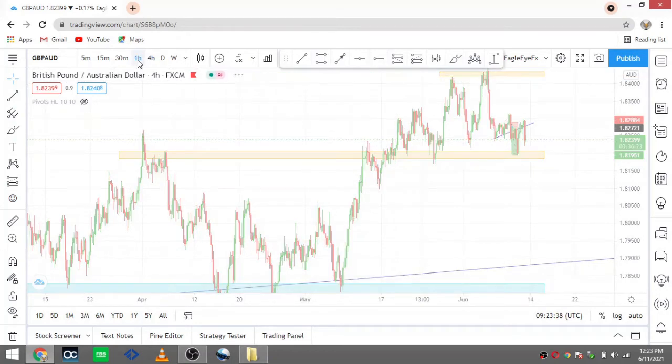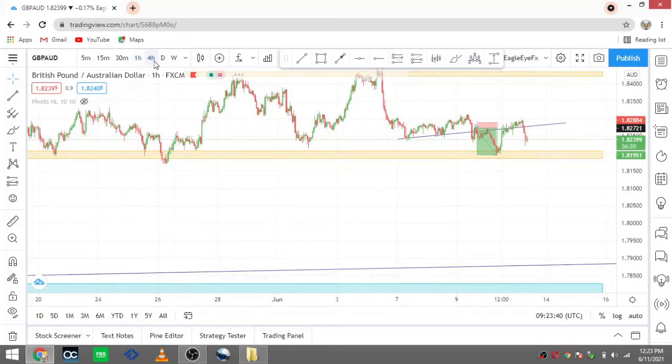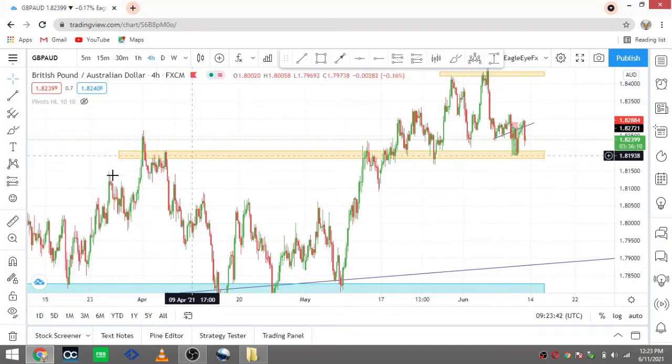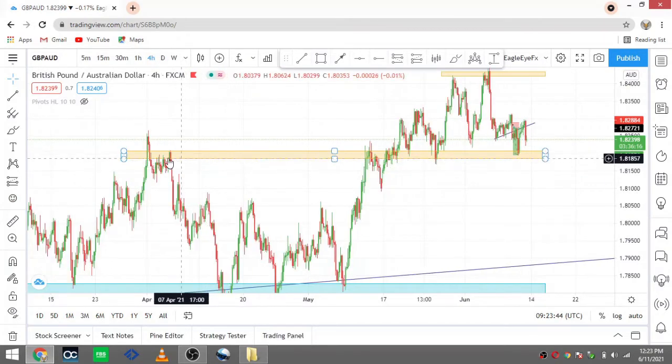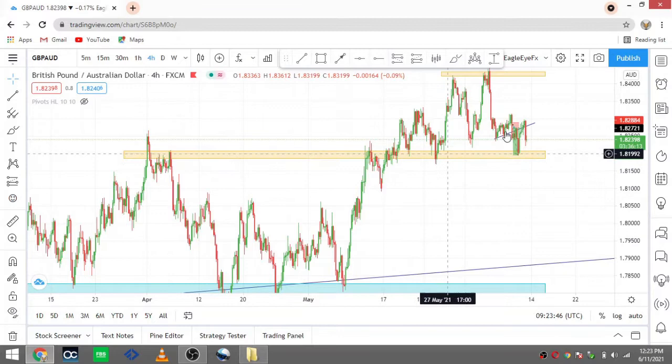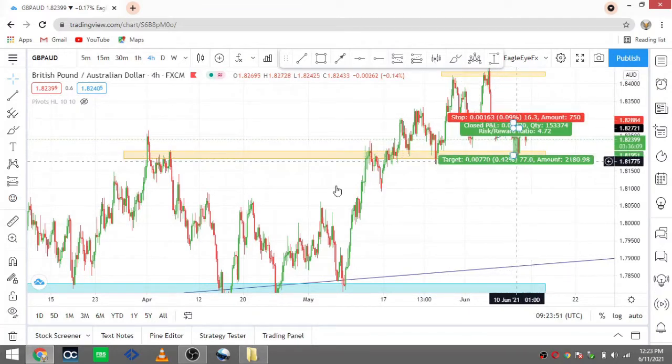So I was on the 1-hour time frame, but I drew my zones from the 4-hour time frame because I observed that this was a very strong place which was broken. If the market had gone down, I was expecting it to come all the way here.